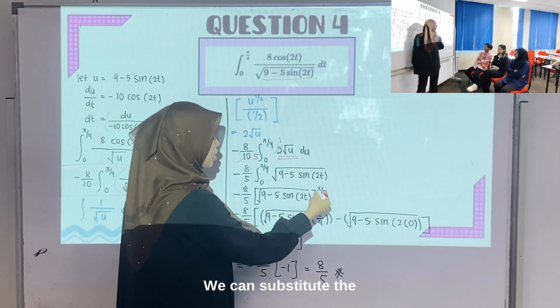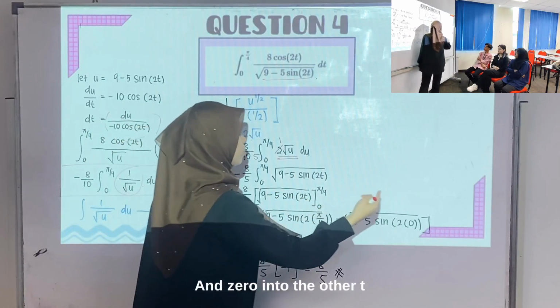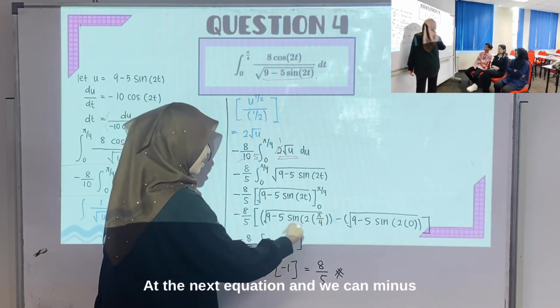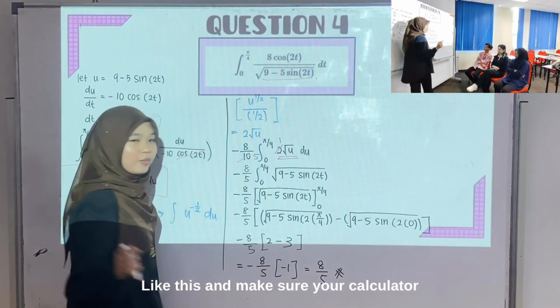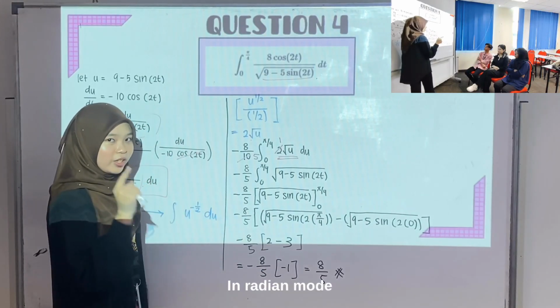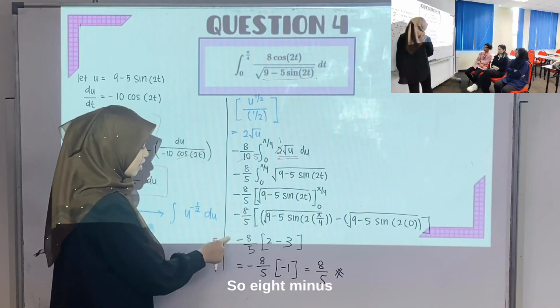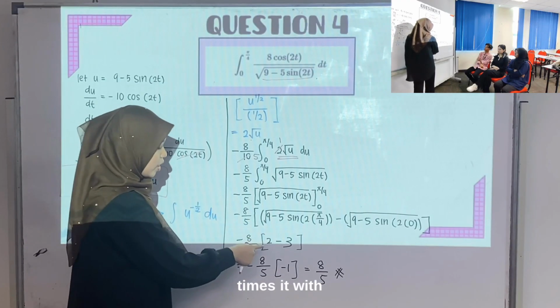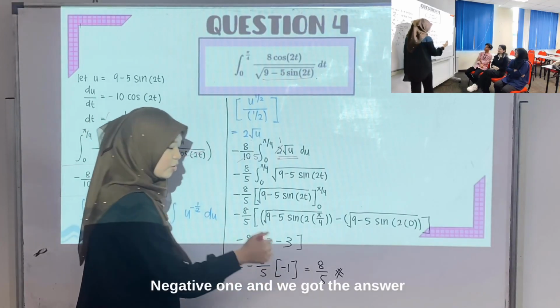We can substitute the pi over 4 into the t and 0 into the other t and the next equation, and we can minus each other and it will become like this. And make sure your calculator is in radian mode. So 8 minus 8 over 5, we times it with negative 1 and we got the answer.